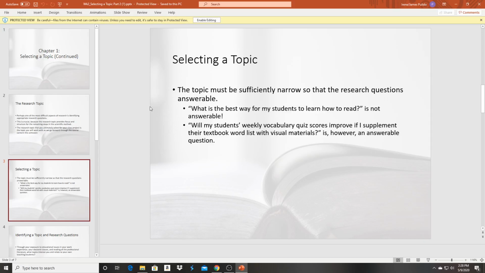Okay, now go back to the first one. What is the best way for my employees to be trained or learn how to read? Some people might say that is kind of answerable, but you still have to set up the scaffolding for it to be answerable. So what's the best way to learn how to operate a machine? You can compare different modalities, right?